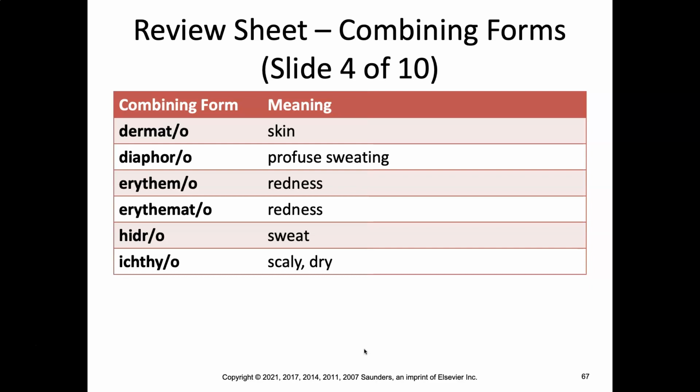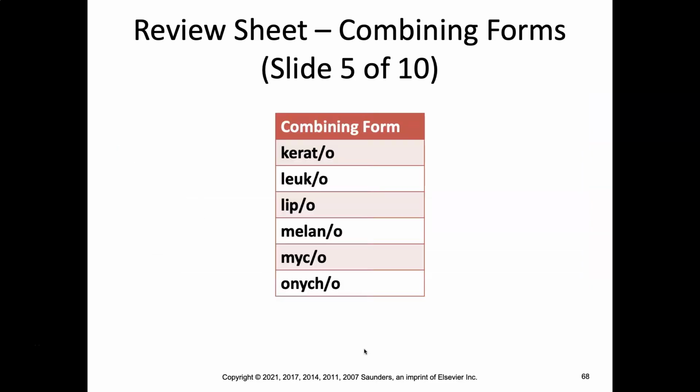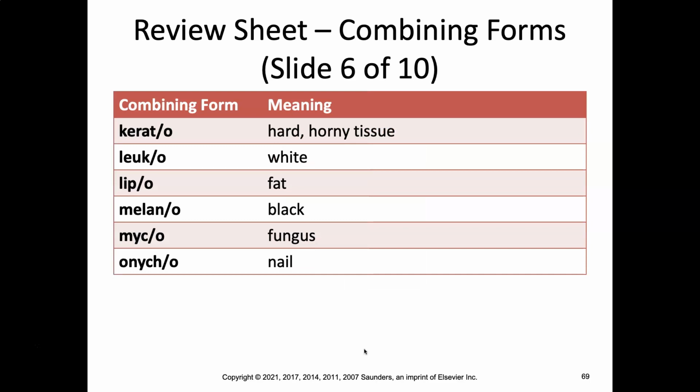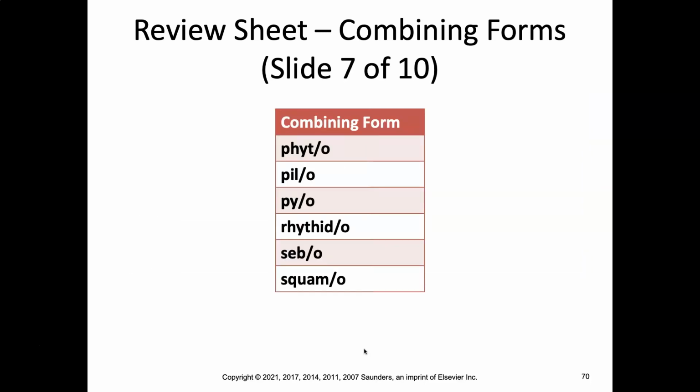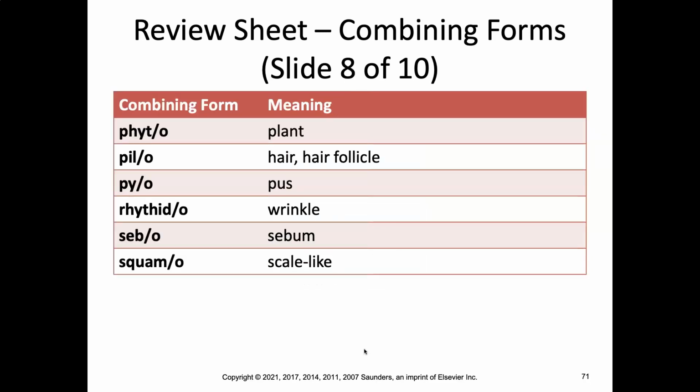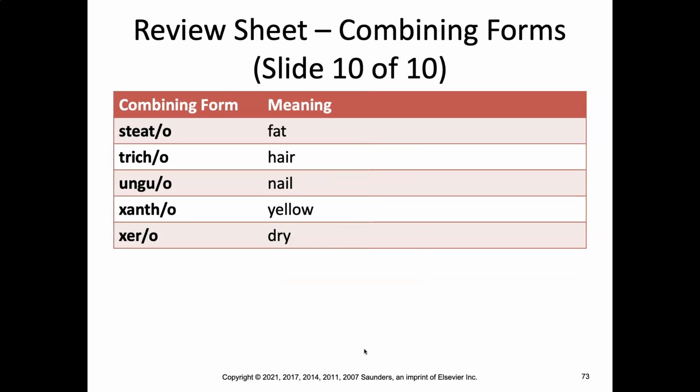Hydro, ichthyo, sorry, ichthyo. Kerato, leuco, lipo, melano, myco, onico. Phyto, pilo, pio, rathido, sebo, squamo. Stiato, tricho, unguo, xantho, zero. That X is always pronounced as a Z for whatever strange reason.